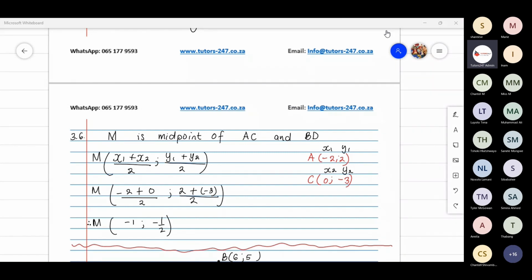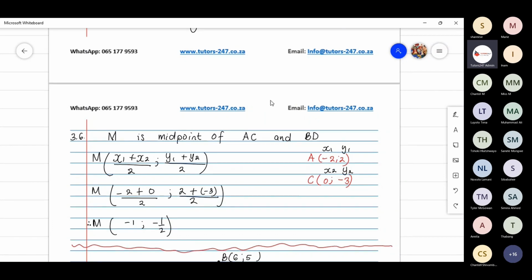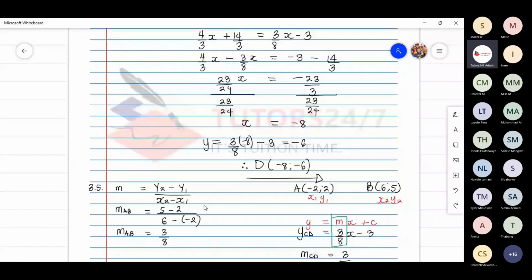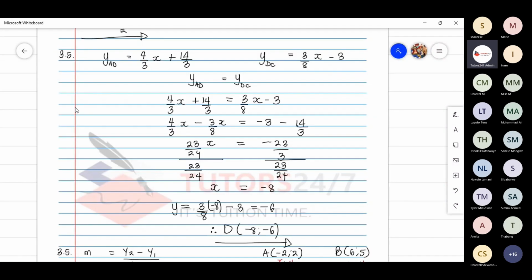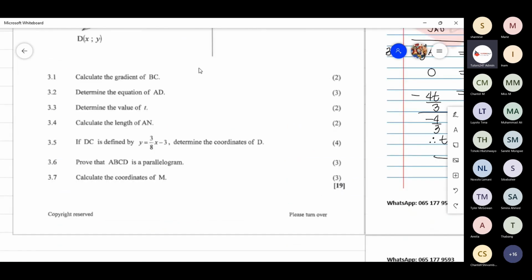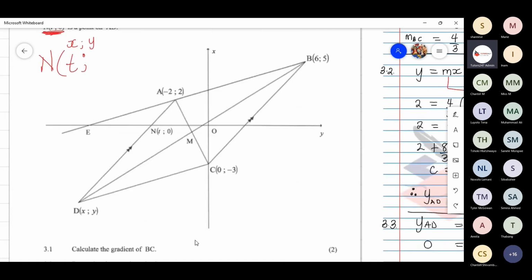Okay, so the whole concept of why we used simultaneous equations is that simultaneous equations refer to something whereby both the x and y values are the same. That is when we can use simultaneous equations. Now, if you look at point D, you can see that point D is a point of intersection, or a common point, between AD and CD.